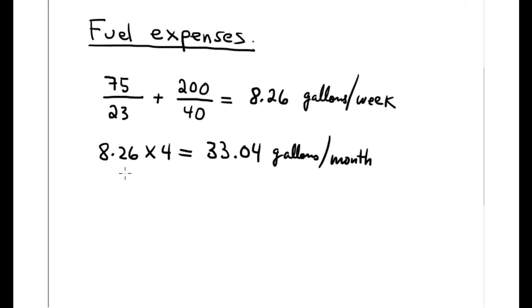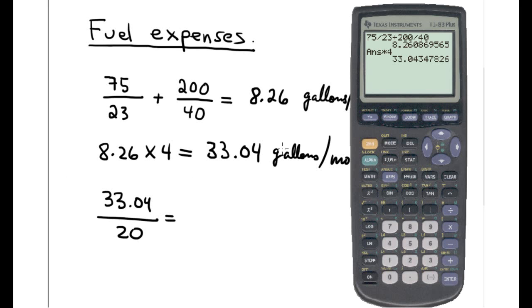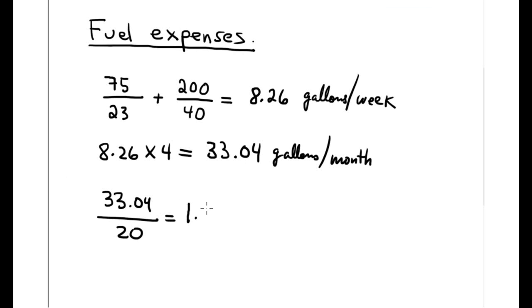Okay. If you want to find the number of tanks, you divide this by the capacity of the tank, which is 20 gallons. This divided by 20 is 1.65. As you round up, this is the number of times you have to refill the tank, 2 times.